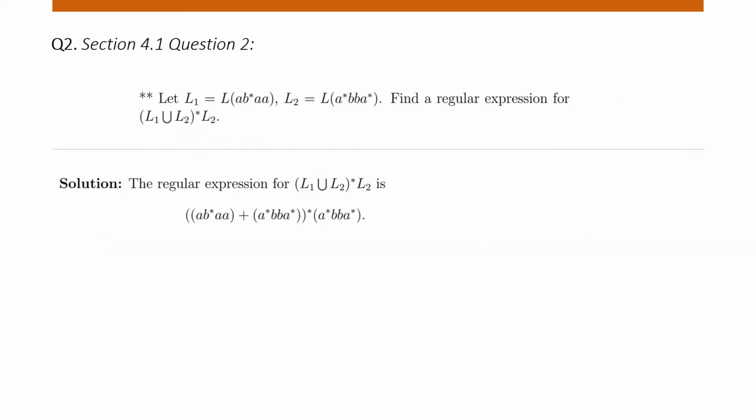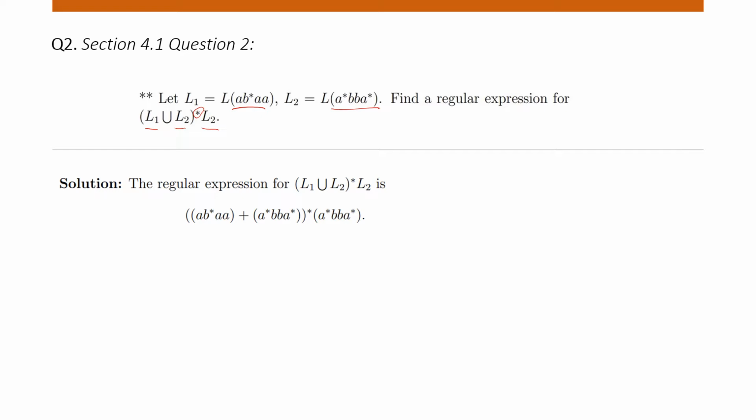All right, question number 2. So you have two languages. Your first language is this one right here, and the second language is this one right here. So it wants you to take these two languages and make a regular expression for the union of L1 and L2, star closure of that union concatenated with L2.